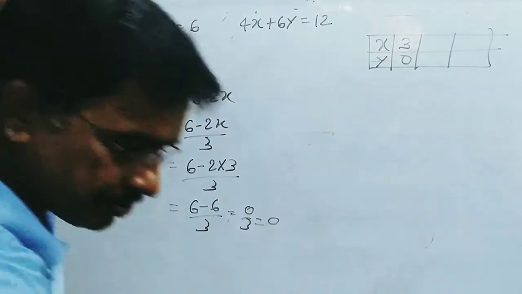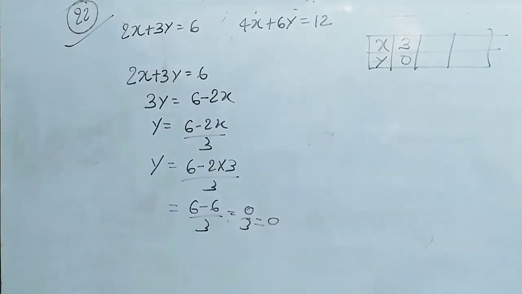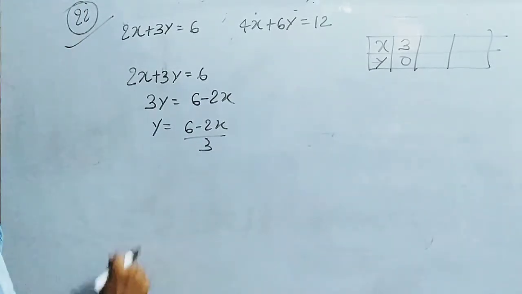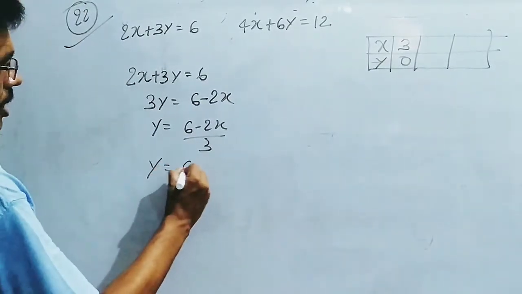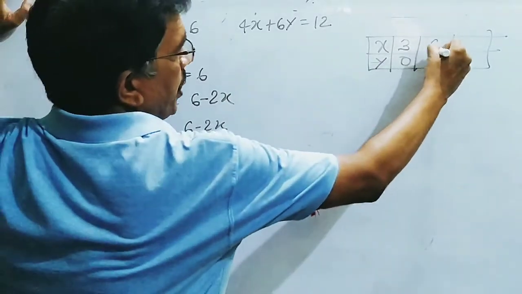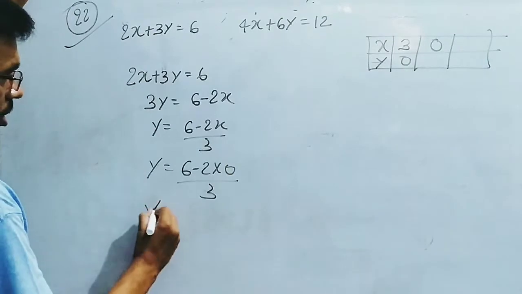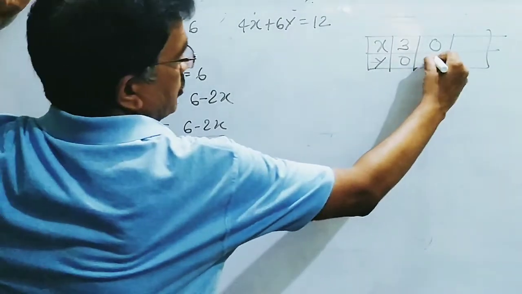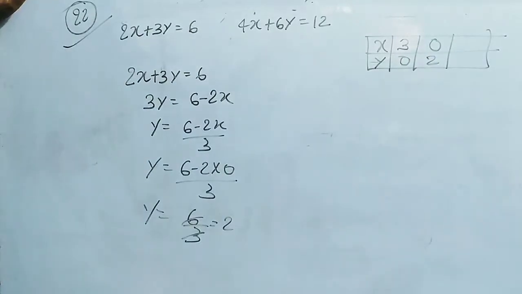Next, we take x = 0: (6 - 2 into 0)/3. That means if x is 0, then 6/3, that is y is 2. So x is 0, then y is 2.